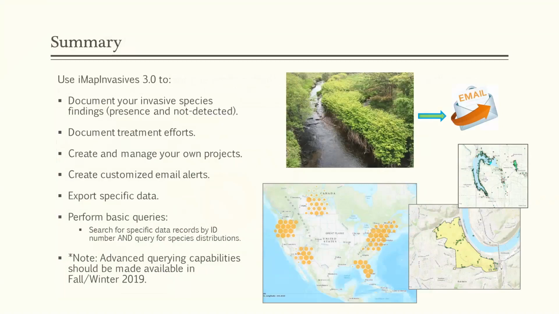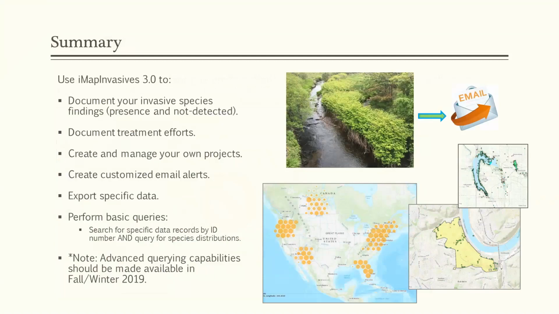You can go in to iMap and create these customized email alerts so you can be notified of when specific species are found, or if any species is found in an area of your particular interest. You can also go in and export specific data on your own. You do not need the help of the administrator to do that.